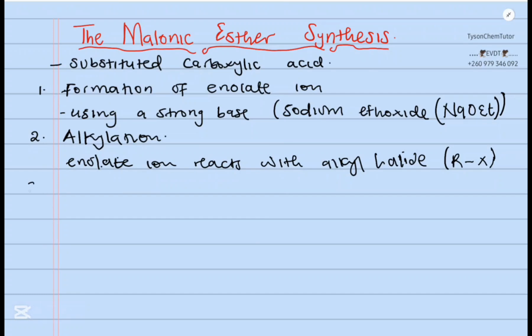Step number 3 here is hydrolysis. This process involves the conversion of an ester into a carboxylic acid. In fact, the 2 ester groups will be converted to carboxylic acid.